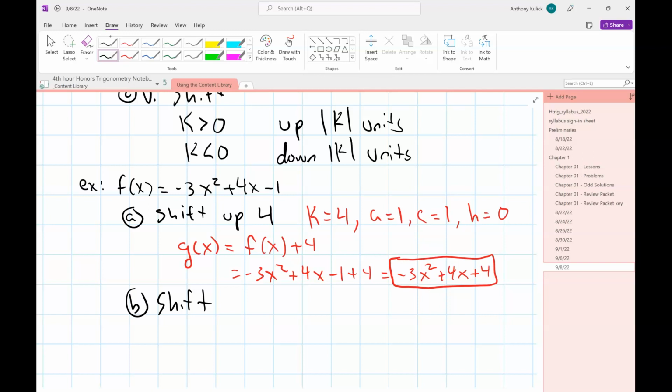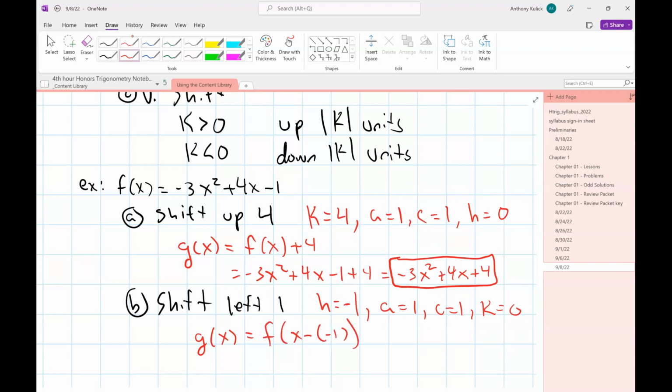If we want to shift left 1 unit, since we're talking about left and right, we know we're talking about the H. Since it's left, I know it's negative, and then 1 unit. And then everything else stays the same. So this is going to be f of x minus a negative 1.